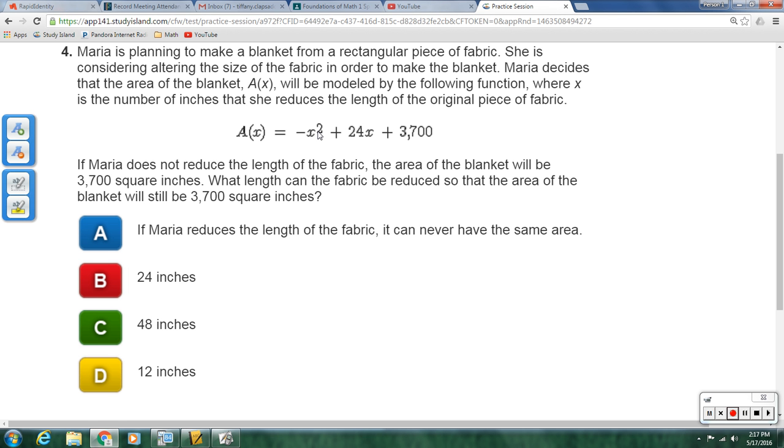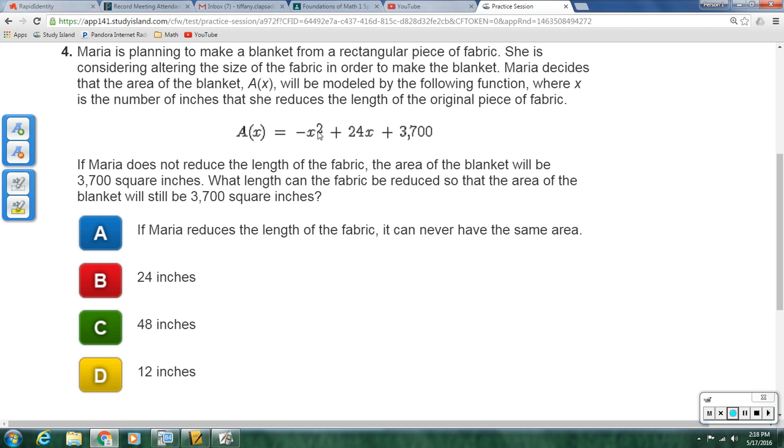If you reduce the length of something, and I don't change the width, this is the length, this is the width, right?